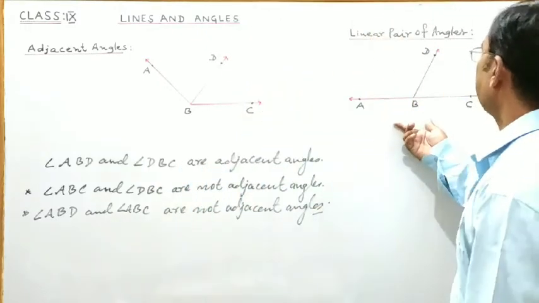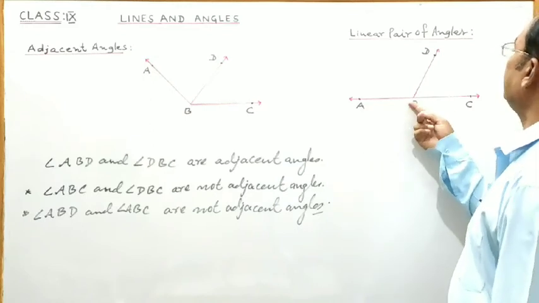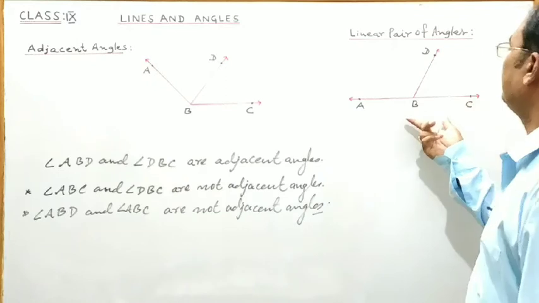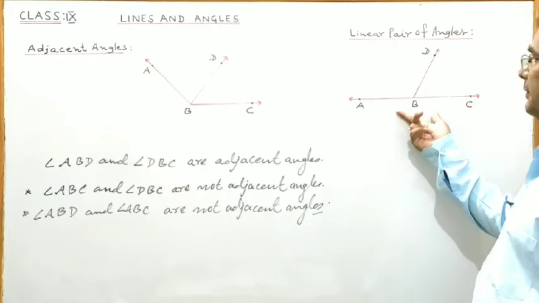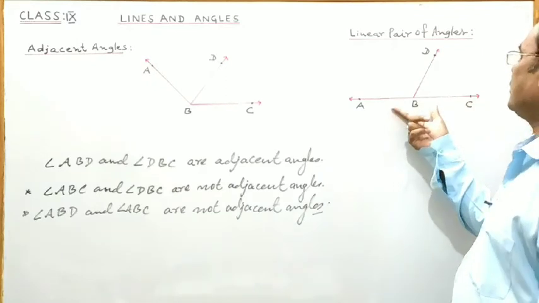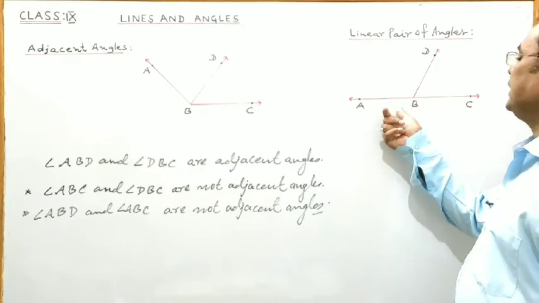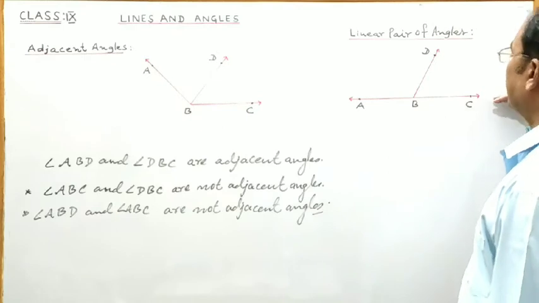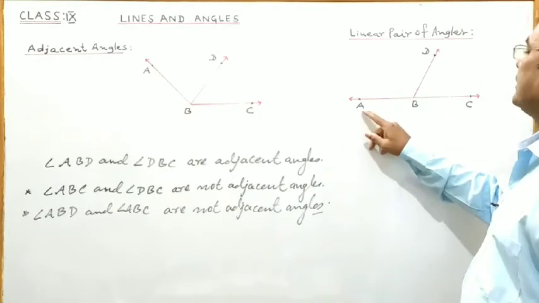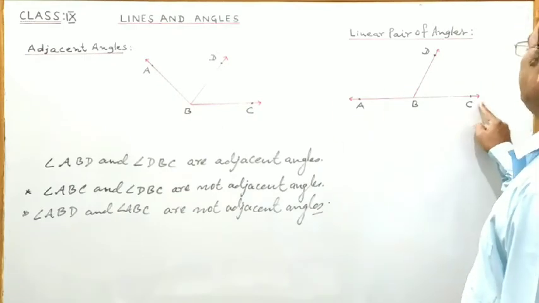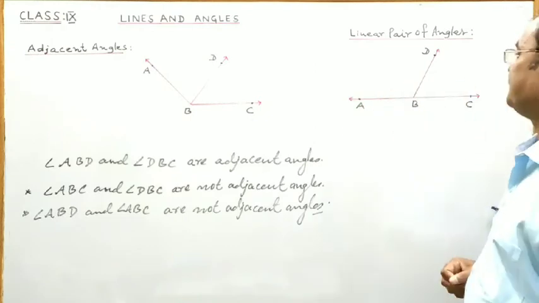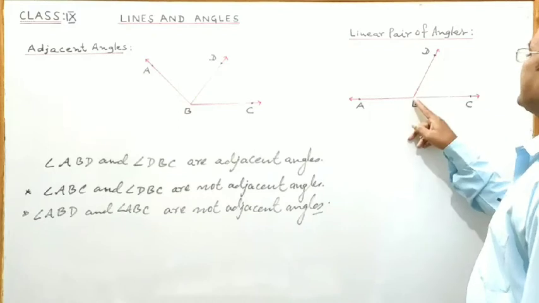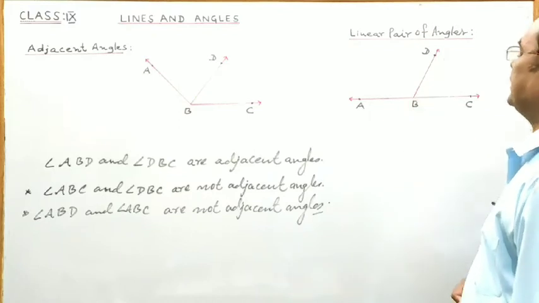Here in the figure, angle ABD and angle DBC form a linear pair of angles because non-common arms BA and BC form a pair of opposite rays. So ABC forms a straight line and ray BD stands at point B.